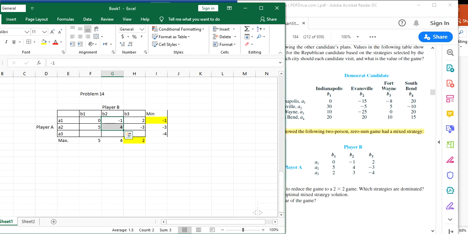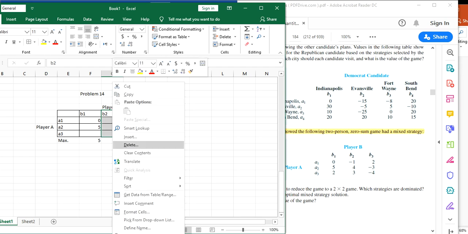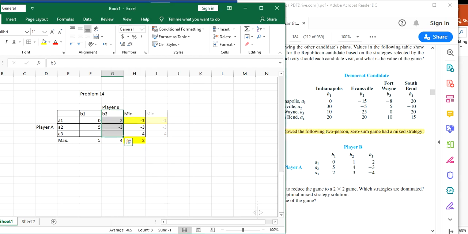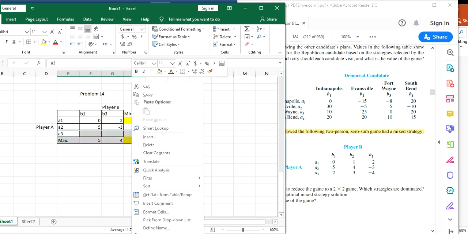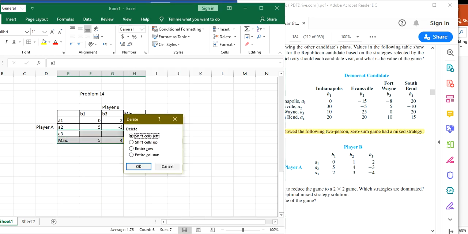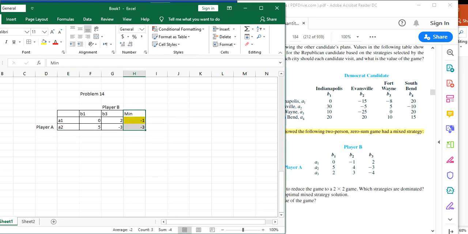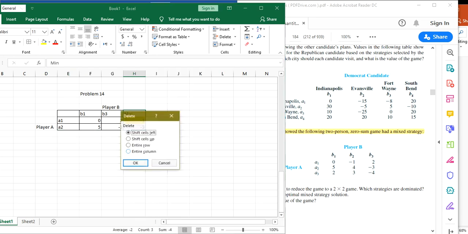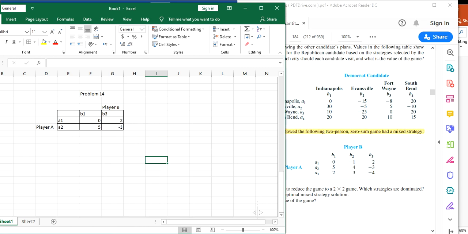Minus 1 is smaller than 0, 4 is smaller than 5, so this B2 is dominated by B1. So I will delete that one as well, and let these go. Okay, so we are here with this one.